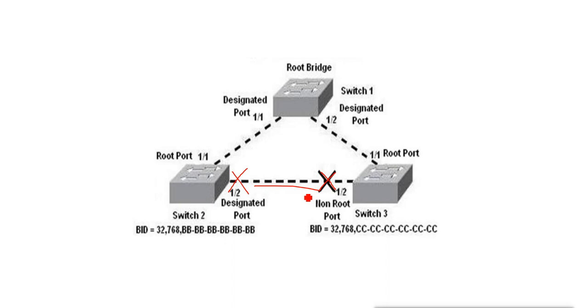In blocking state, they can only accept BPDUs, but they will not send any BPDUs. Now when they don't send any BPDUs, that means both switches will not have any BPDUs, because from this side it will not send, and from this side also it will not send. So if in case this port gets down, then switch 3 has to enable this port.